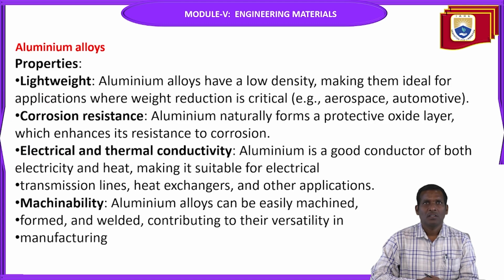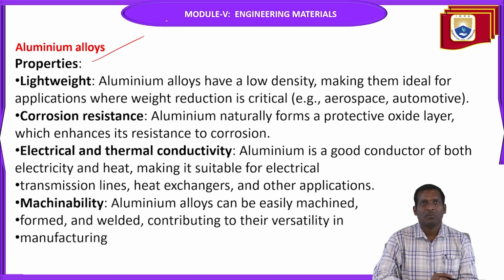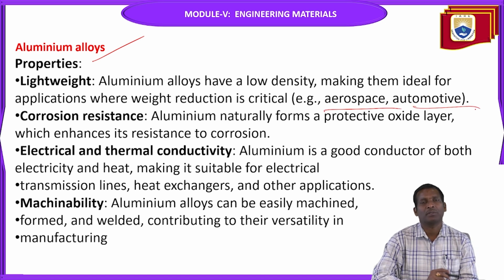What are the important properties of these aluminum alloys? One is lightweight. Aluminum alloys have a low density, making them ideal for applications where weight reduction is critical. For example, the aerospace and automotive industries use aluminum alloys because of their low density.